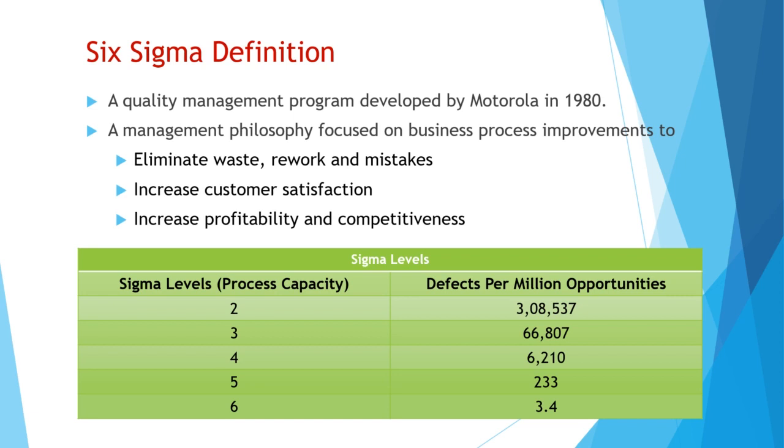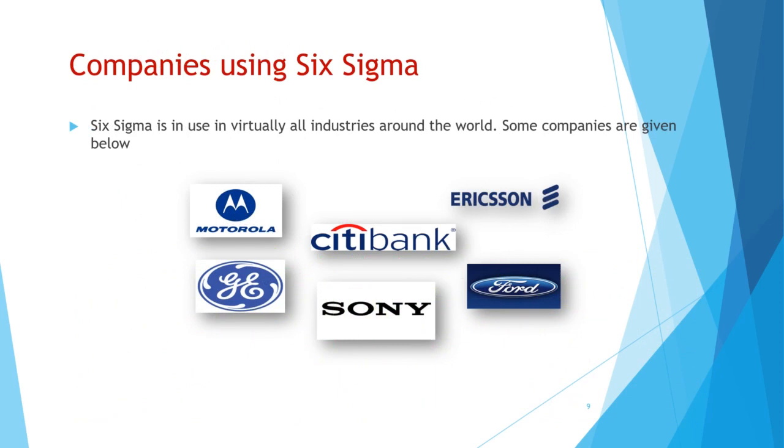When it comes to the last level, that is 6, it is around 3.4 defects per million opportunities. Some of the companies that use Six Sigma are Motorola, GE, Citibank, Ericsson, Sony, Ford, etc.